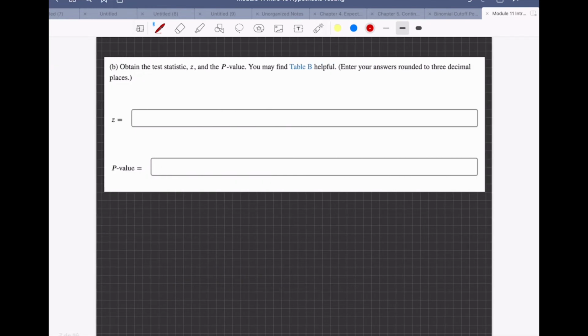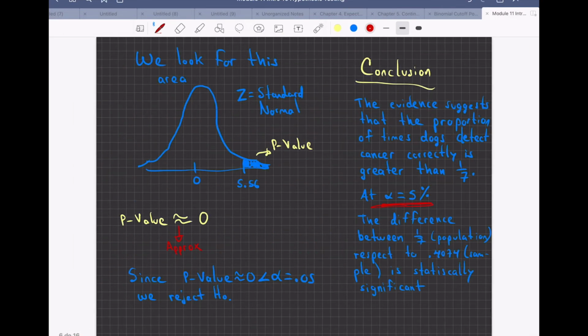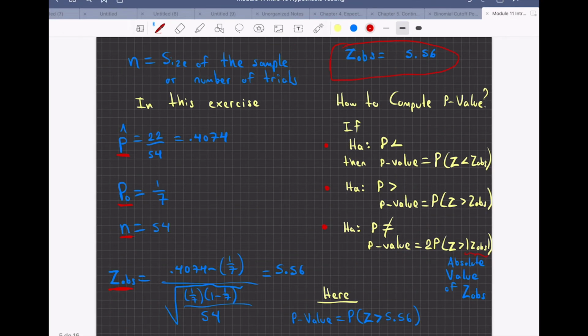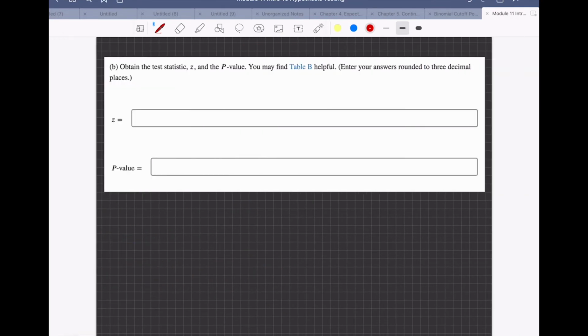Oh, I'm sorry. I forgot to complete this. This is for the same exercise. What was the value for C? 5.56. And the p-value is almost 0.